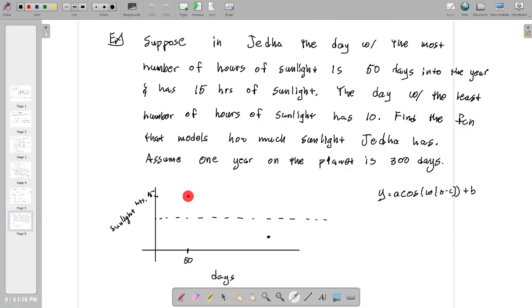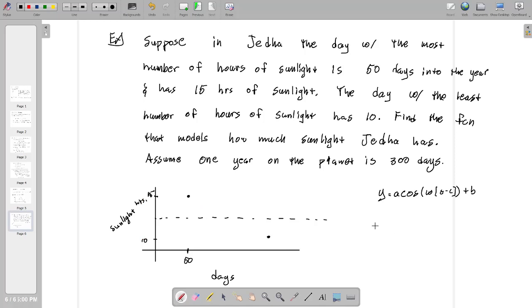Now we know that we have 15 hours of sunlight here, and we have 10 hours of sunlight here. We can figure out the amplitude. We can knock out a and b at the same time. First, I need to figure out where this axis lies. And it's going to be exactly between the maximum number of sunlight hours and the minimum number of sunlight hours.